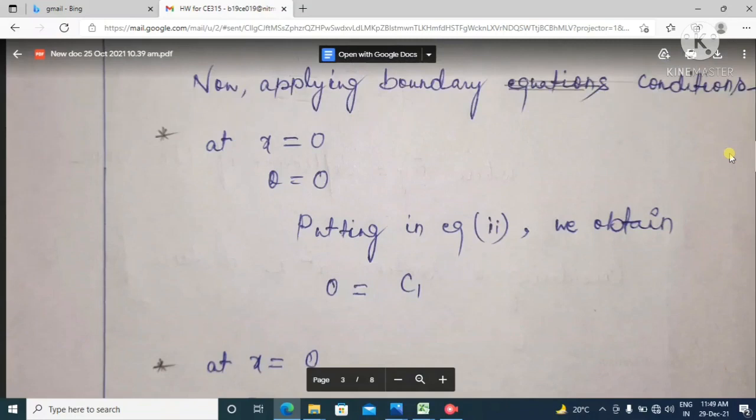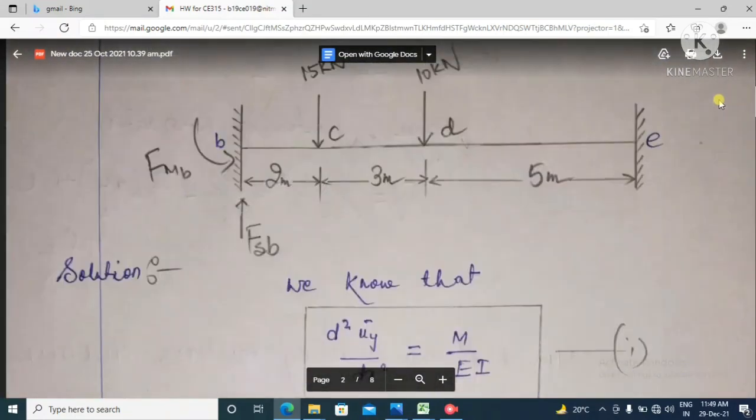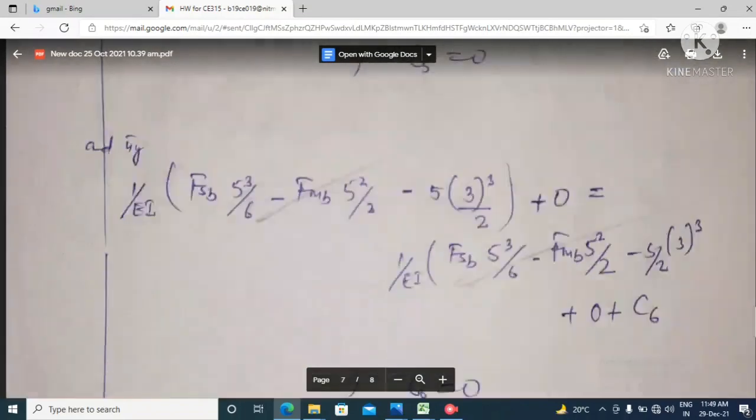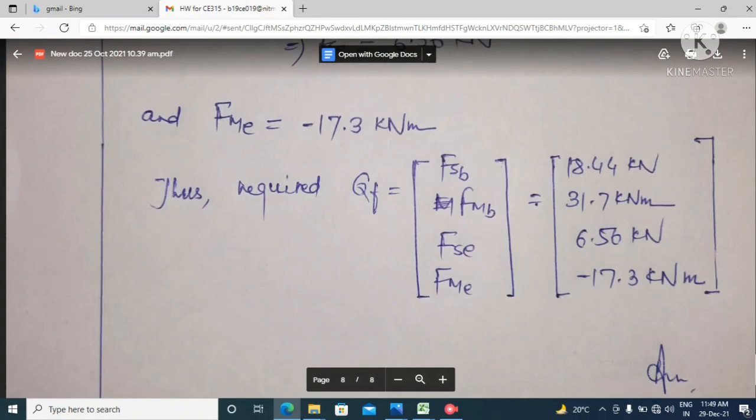So FSB plus FSE minus 25, I am making you understand how I have done this. FSB is acting upward, this 15 is acting downward, this 10 is acting downward, and this FSE is acting upward. In this way I have written FSB plus FSE minus 25 is equal to 0.